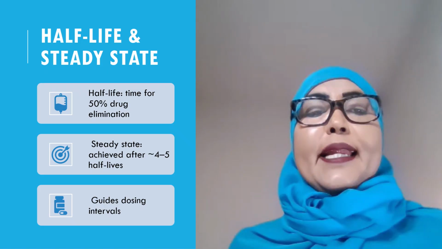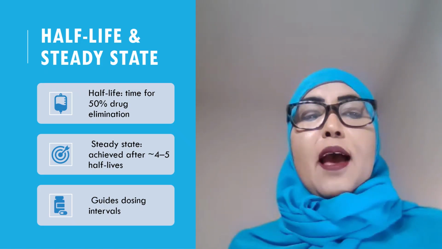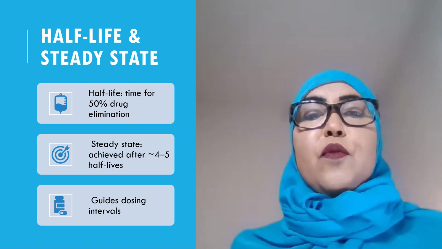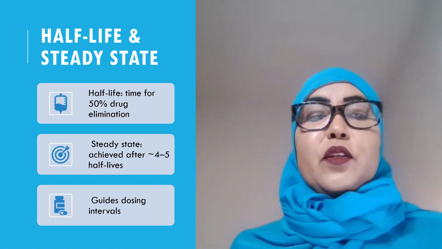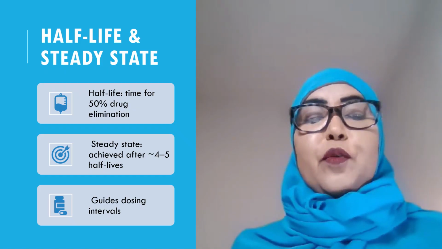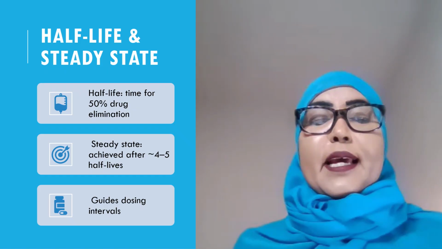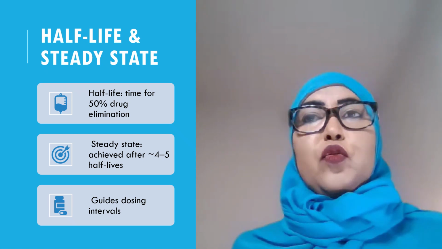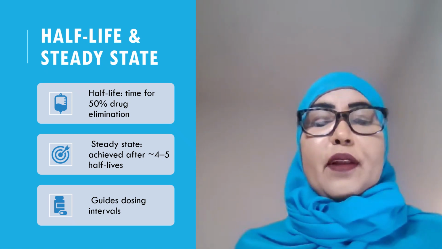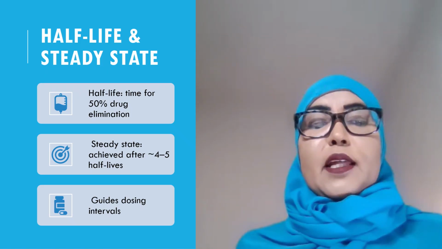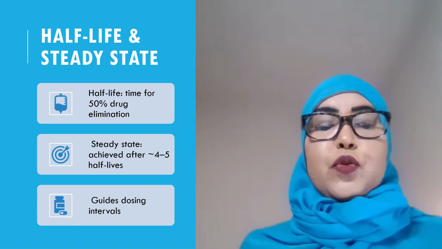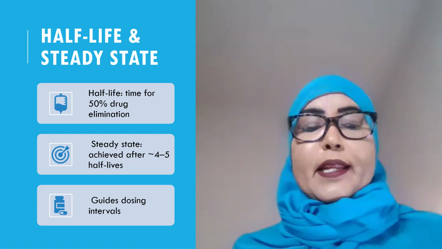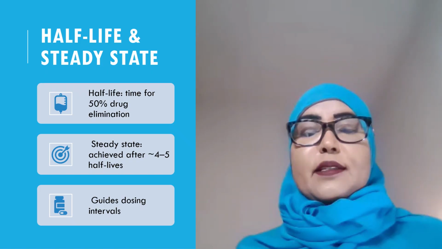Half-life and steady state. Half-life is the time for 50% of the drug to be eliminated from the body. Steady state is achieved after 4 to 5 half-lives. They both are used to guide dosage intervals.